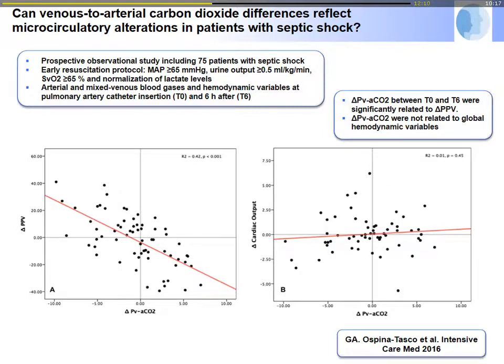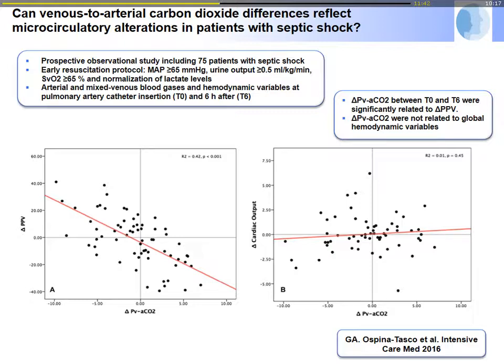And an interesting point in this study is that between T0 and T6, after 6 hours, they looked at the time course of the different parameters that they tested after goal-directed therapy, and they observed that the evolution of the CO2 was parallel to the evolution of microcirculation.